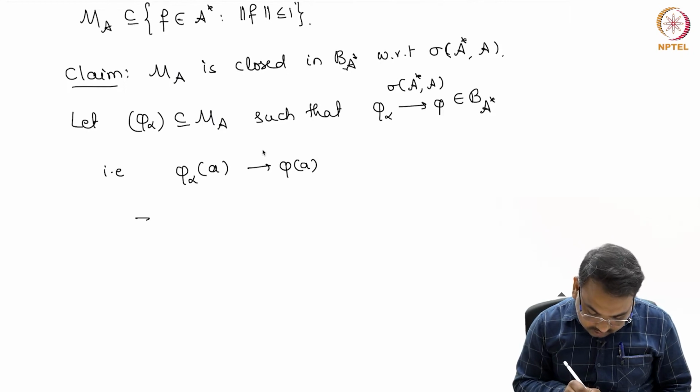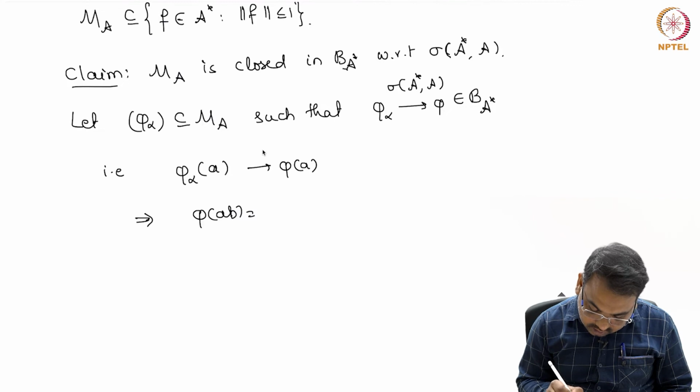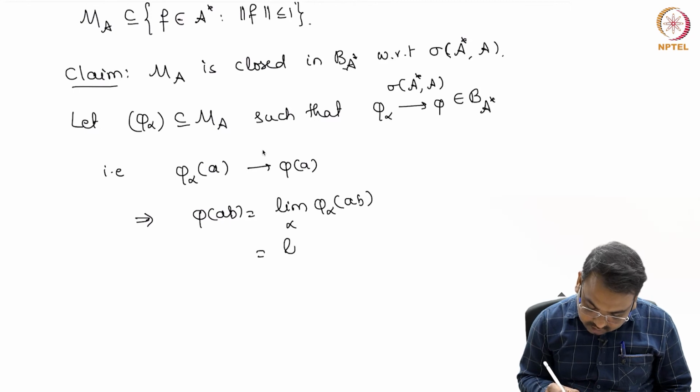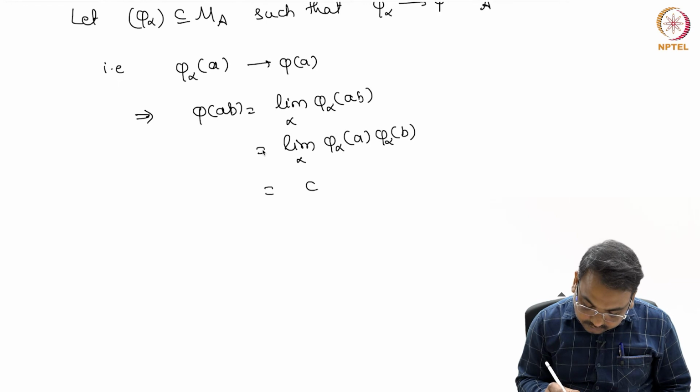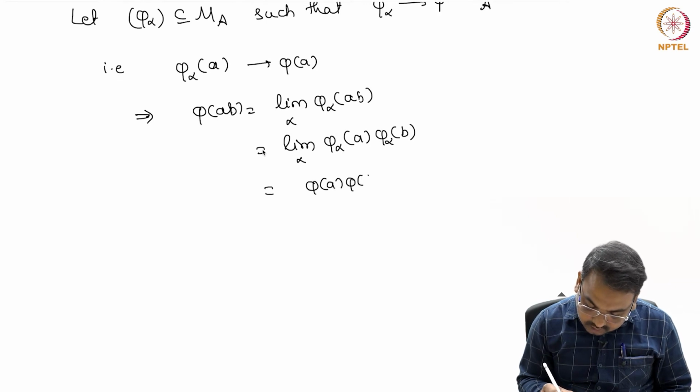Now this implies phi of ab is limit over alpha of phi_alpha of ab. This is limit of phi_alpha of a times phi_alpha of b, because these are multiplicative linear functionals. So this is nothing but phi of a times phi of b.